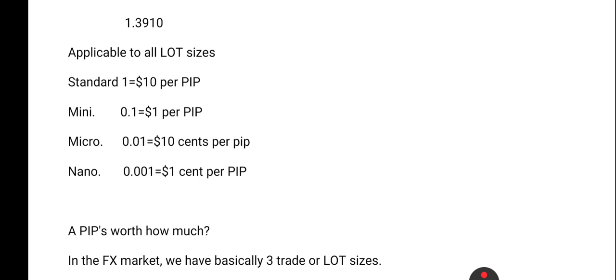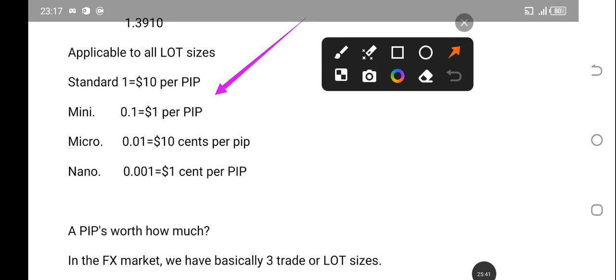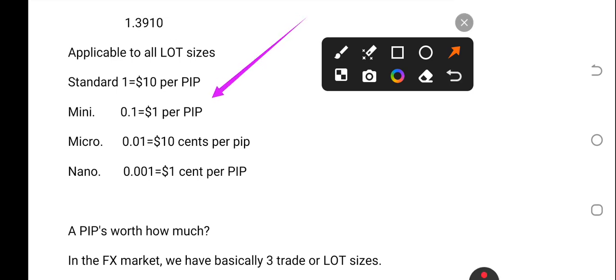Then the next one is the mini lot, which is $1 per pip. So for that 6 pips that you made times 1, that will be $6, right? The next one moves 10 cents per pip. And for nano lot, if you're opening a very tiny position, it is 1 cent for each pip that is moved.